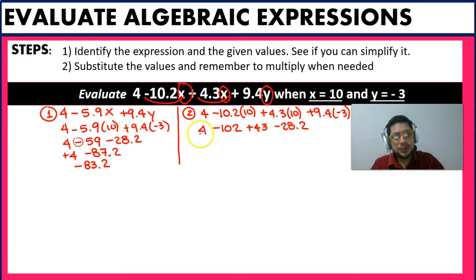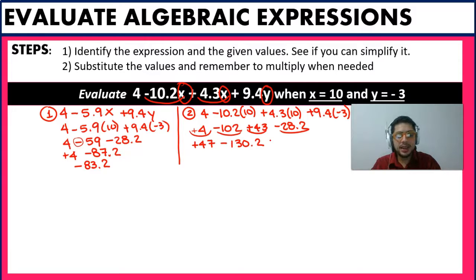Now, these two that are positive, I'm going to add them. So 4 plus 43 is going to be plus 47. And then we're going to have 102 and 28.2. They're both negative, so they are added and keep the same sign, which is negative. So that's going to be minus 130.2.